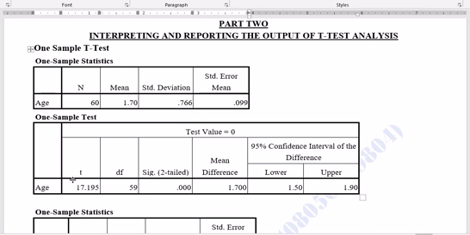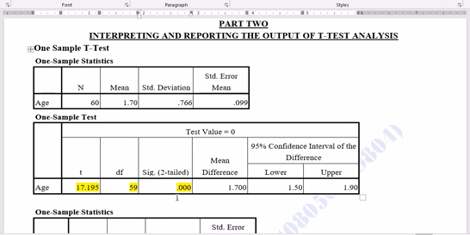Now, I want us to underline this, because that is where we are going to work. From the yellow color, we have the t-test, the degrees of freedom, and the significance level. From here, we can say that our result is statistically significant.